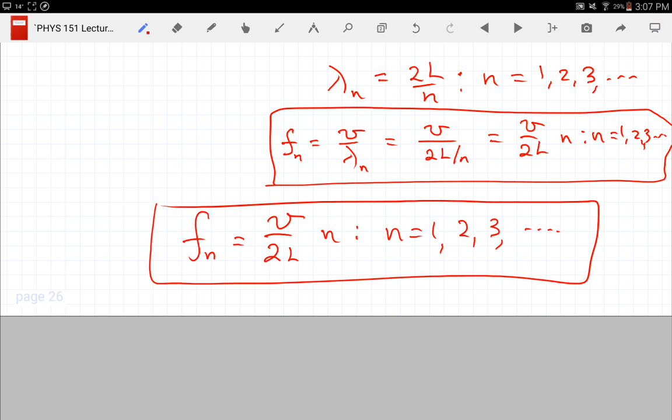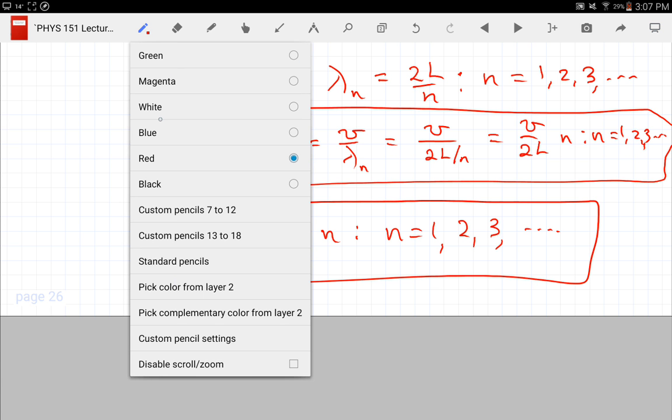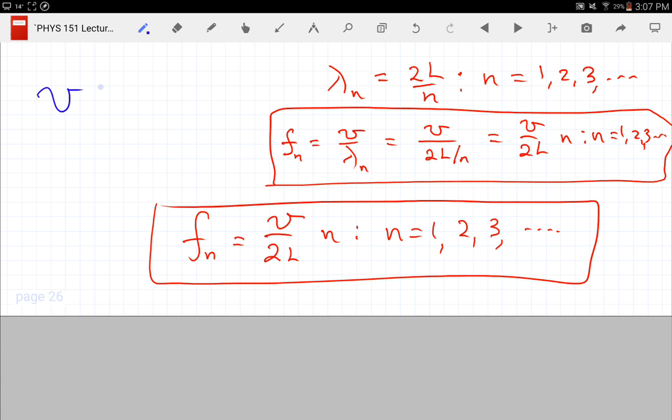But we saw that the speed was given by the relationship v is equal to the square root of the force of tension divided by the mass per unit length. So if I increase the tension, that will increase the speed and thereby increase the frequency. So now we can see why we tune the way we do with a stringed instrument.